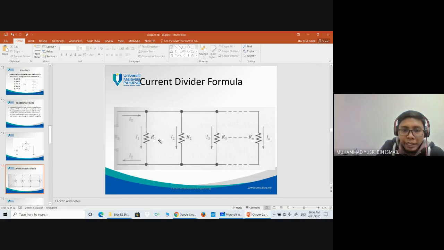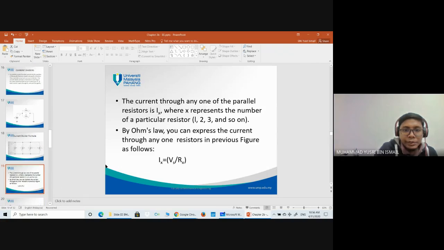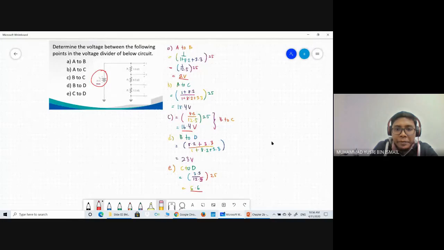So there will be only R1 and R2 parallel with R3 parallel with Rn. I hope you can understand. Now I will show you how a current divider works based on the derivation.